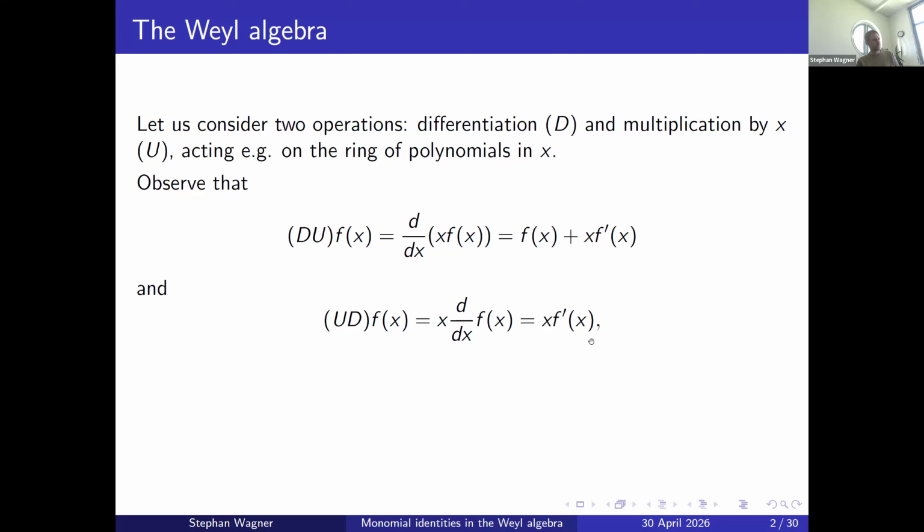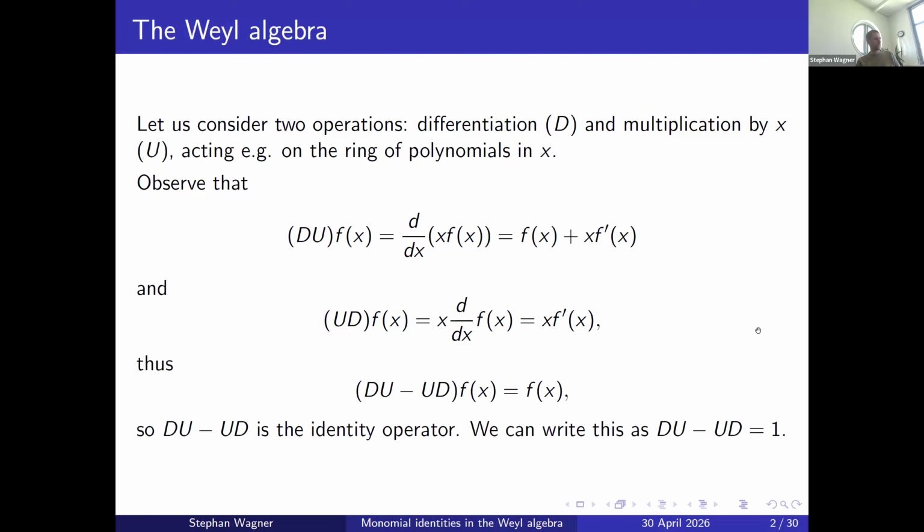And I can combine these two into one equation, which says du minus ud applied to f is just equal to f. So du minus ud is the identity operator on polynomials, but also on other functions. So we can write this as the relation du minus ud equals 1.